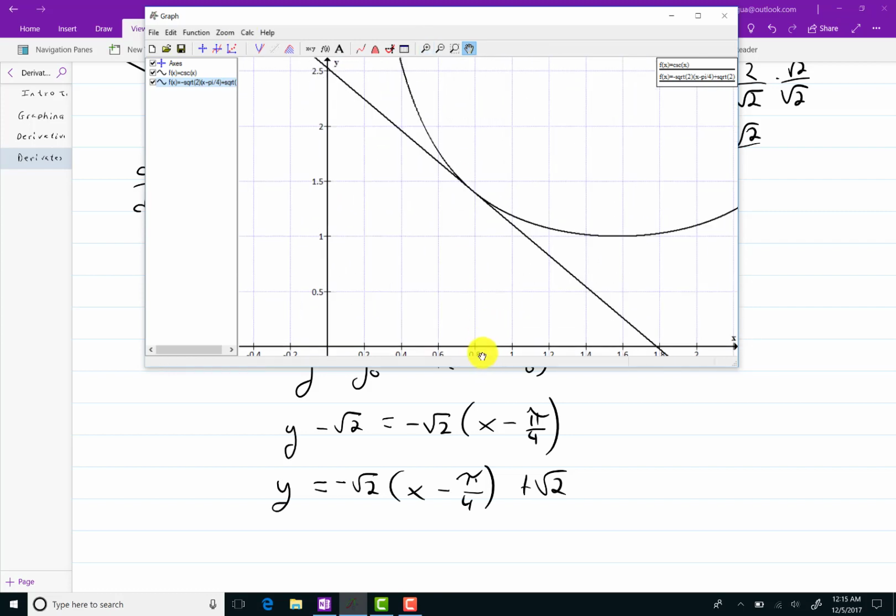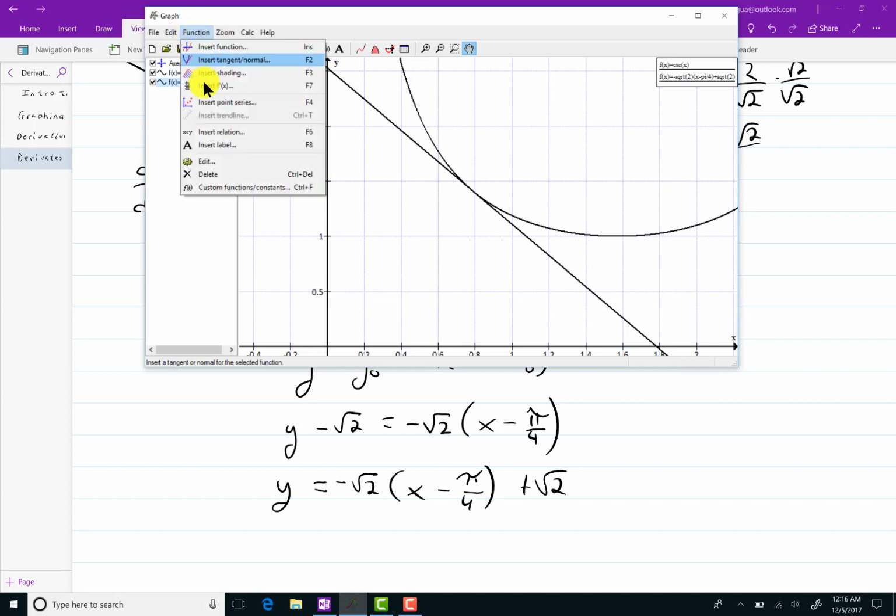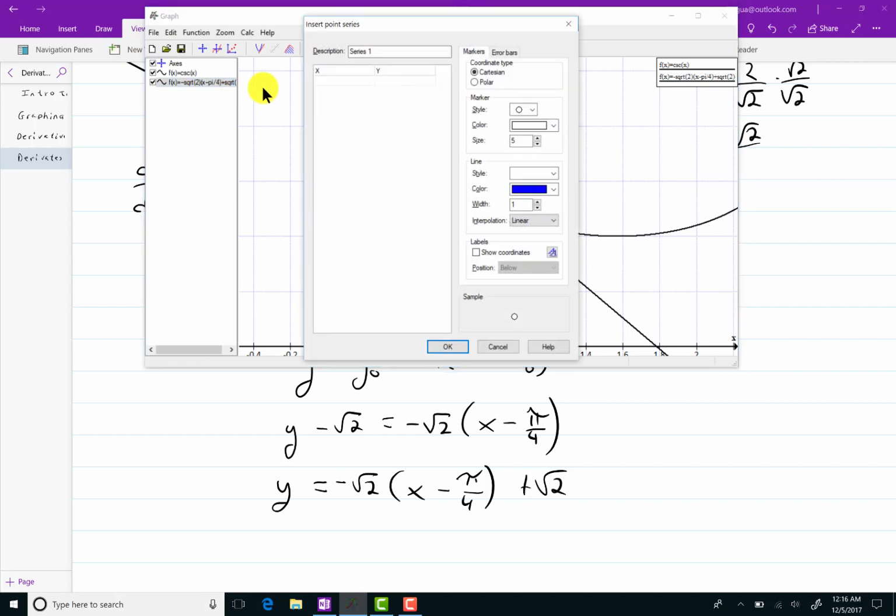I could change my numbers to be trig-related numbers, but instead I'm going to insert a point series, and my point was pi over 4, and the y value was the square root of 2. And I'll put a nice fat black dot there.